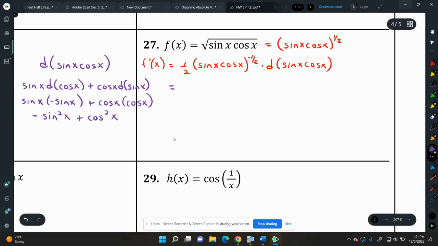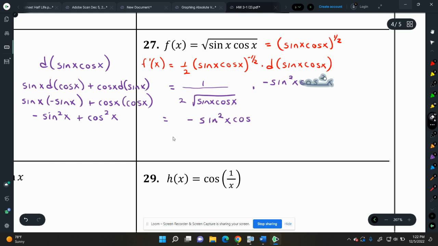So we have 1 over 2 square root of sine x cosine x times negative sine squared x plus cosine squared x. So I'm going to just combine that. Negative sine squared x plus cosine squared x.